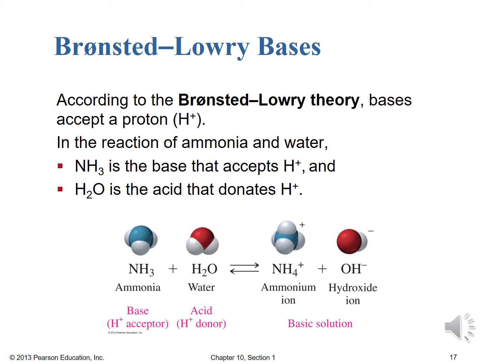So in this case, we have a base that's both a Bronsted-Lowry base and an Arrhenius base because the ammonia does generate hydroxide ion, OH-, in water. It is an Arrhenius base, but because the NH3, with the lone pair on the nitrogen, is a proton acceptor, it also fits the Bronsted-Lowry definition.